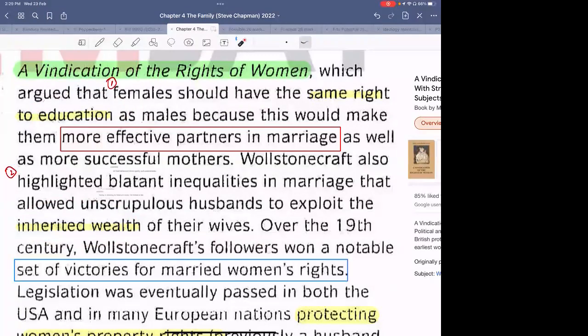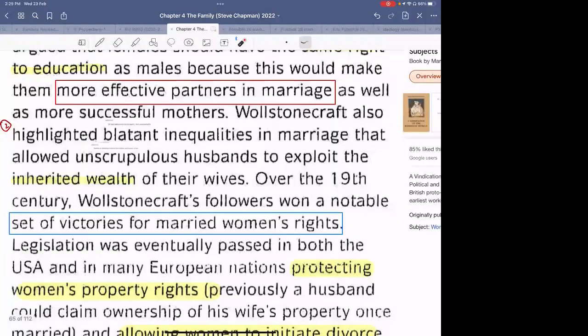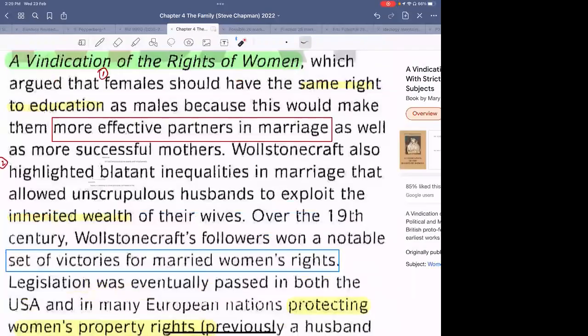Over the 19th century, Wollstonecraft followers won a notable set of victories. So there are two main things that we spoke about. Number one, giving women the same right to education as men. Number two, allowing women to keep their wealth to themselves and not end up losing it to their husbands.